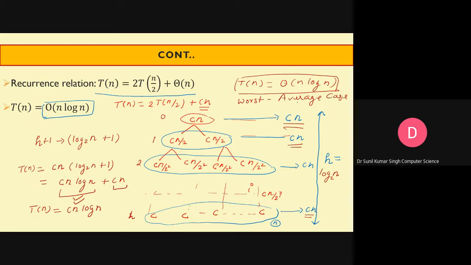So you can write either theta notation, or maybe the big O notation. So this is the computation of time complexity of merge sort algorithm.